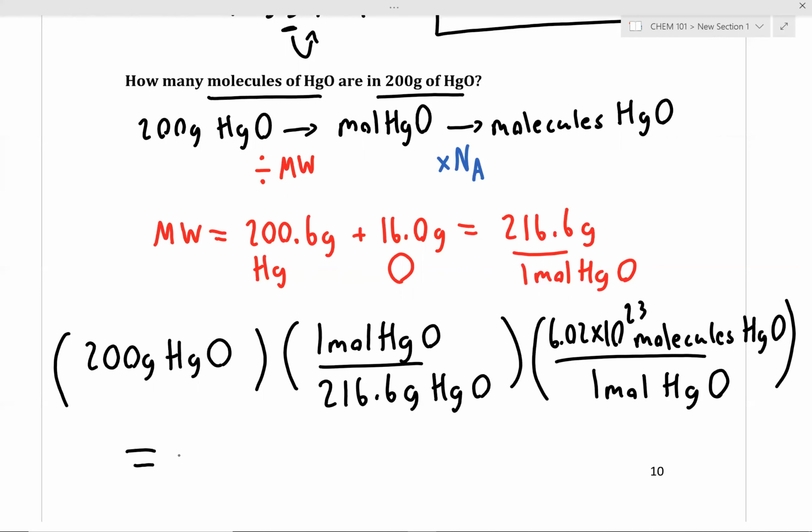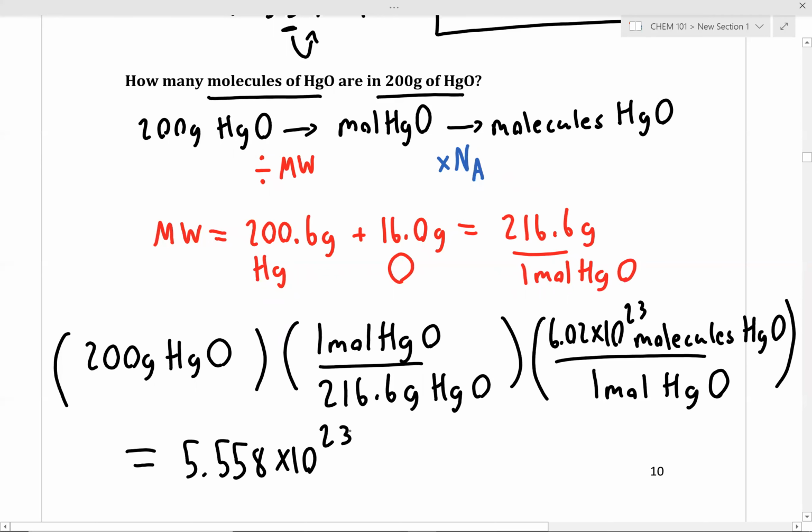We then multiply by 6.02 times 10 to the 23rd. And that in turn gives us a very large number that we'll write the entire number down before we round. So we get 5.558 times 10 to the 23rd.